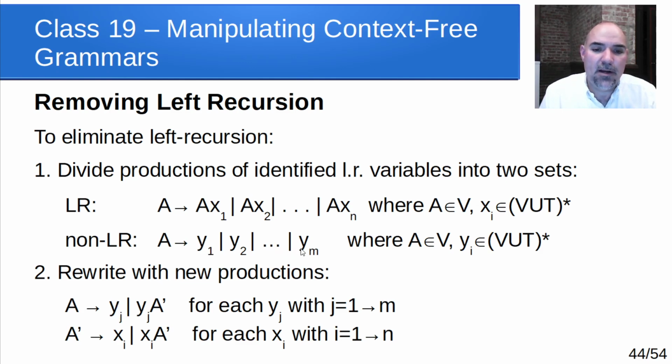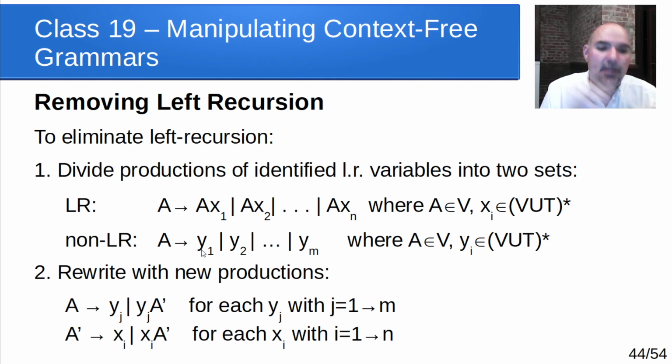So all of the y's, and we're going to add a new production for every y, that's that y with a new variable, in this case A prime, added on the end of it. So for every one of these y's, we're going to list them all out, but we're going to add a pair production with it that has a new variable after it.